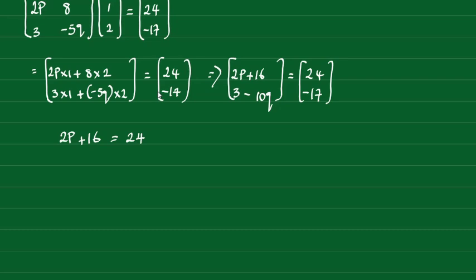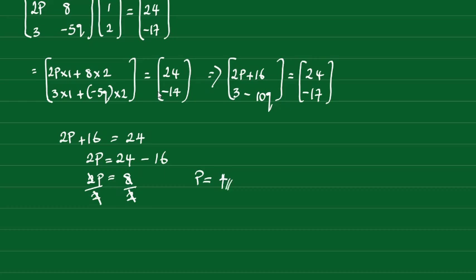We move 16 to the other side of the equal sign, and we end up having 2p equal to 24 minus 16, which gives us 8. Now we divide both sides of our equation by 2. 2 cancels 2, 2 cancels 8, and we have p equal to 4.